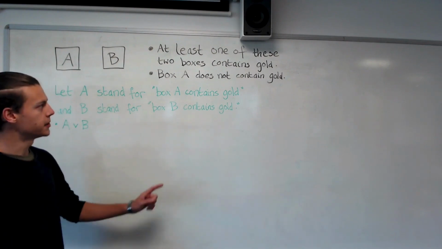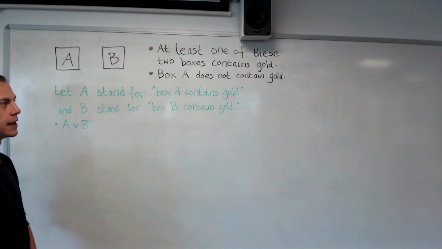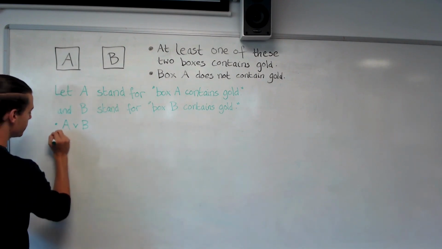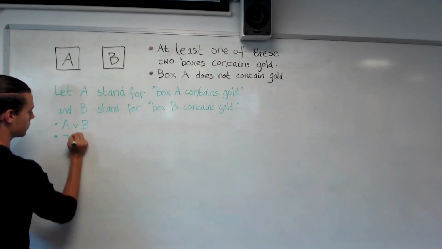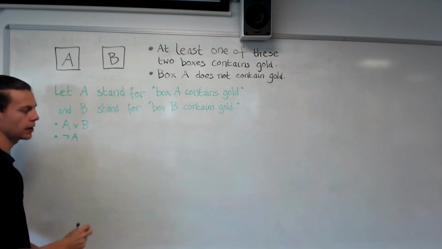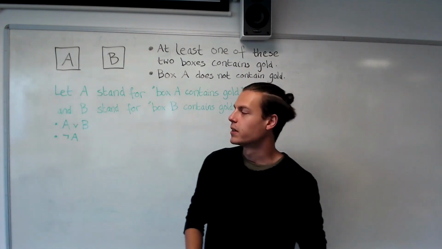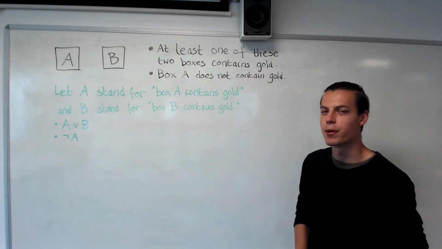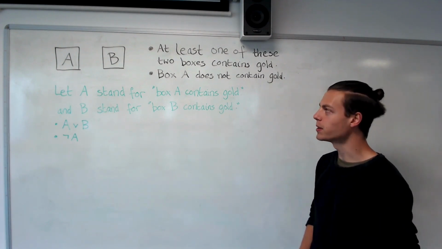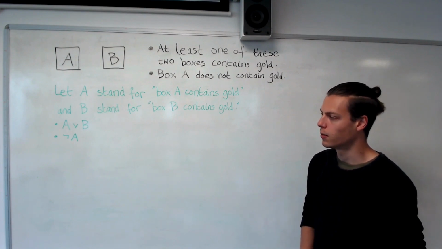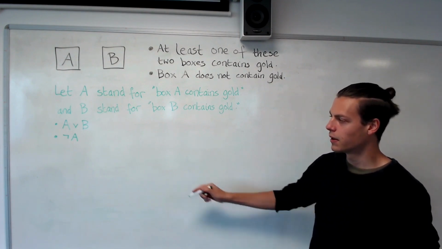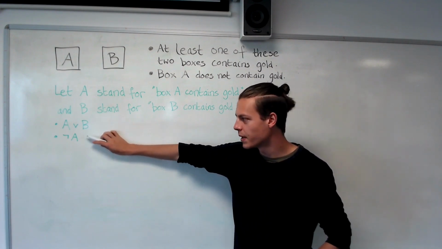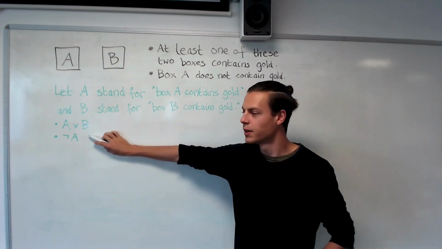And our second statement, box A does not contain gold, that tells us not A. And the final piece of information we are given, that these statements are either both true or both false, well, that tells us that this statement is true if and only if this statement is true, right?